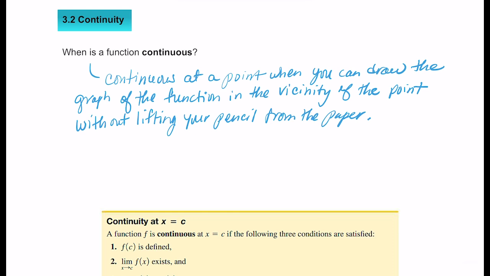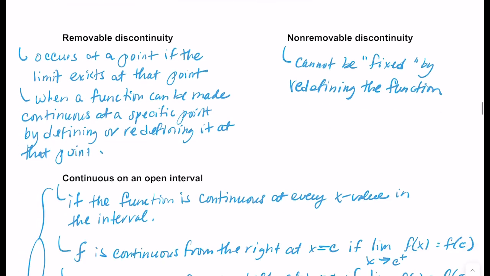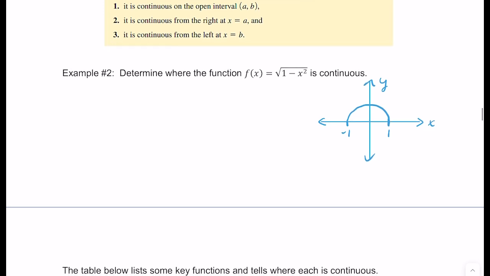It's continuous at a point when you can draw the graph of the function in the vicinity of the point without lifting your pencil from the paper. So I know that it's continuous on the open interval -1 to 1.